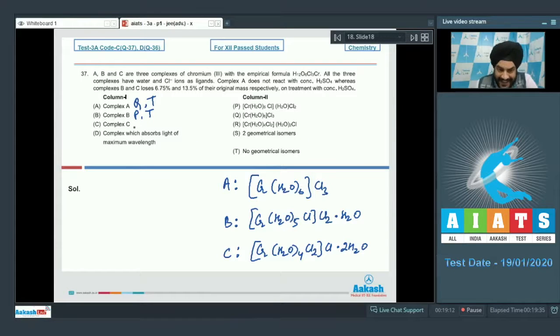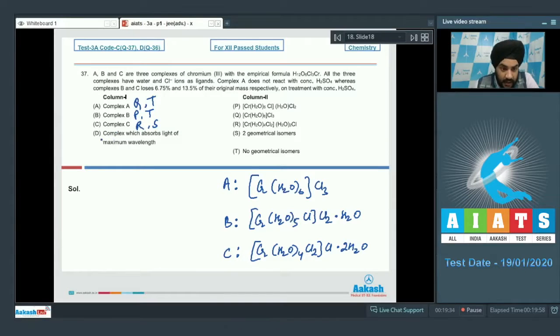If we talk about complex C now, we have 4 water molecules inside the coordination sphere, so R has to be matched with C. If you talk about the number of geometrical isomers, there will be two geometrical isomers for this. The chlorines can be cis with respect to each other, or the chlorines can be trans with respect to each other. So it has to be matched with S.